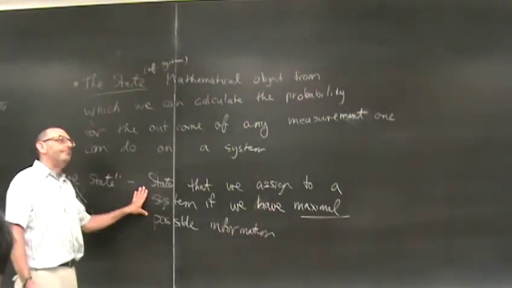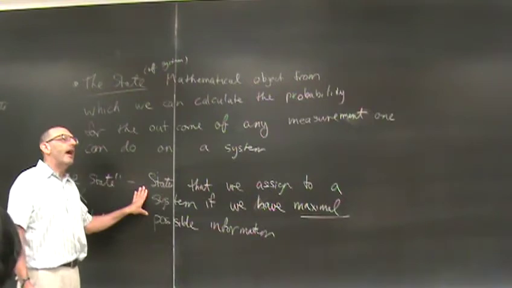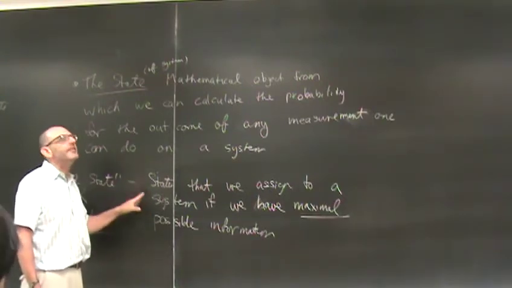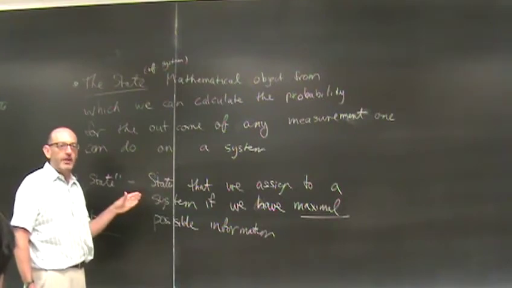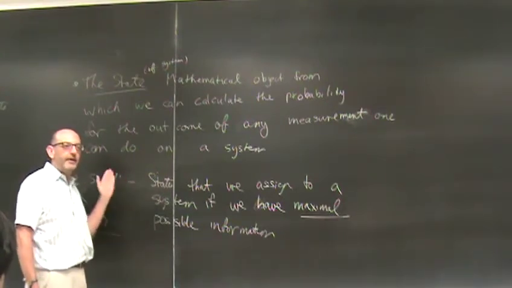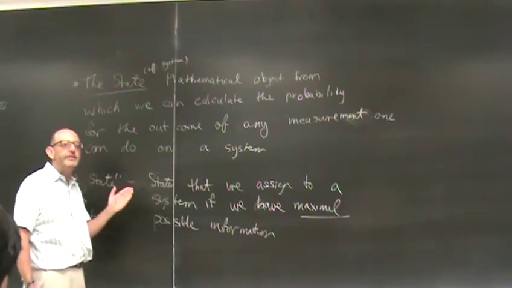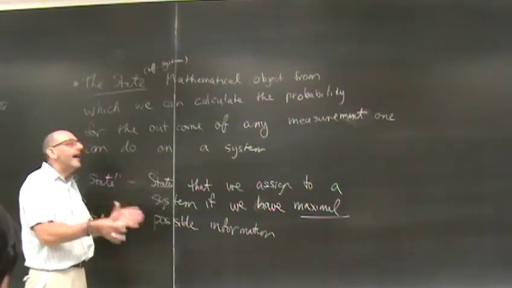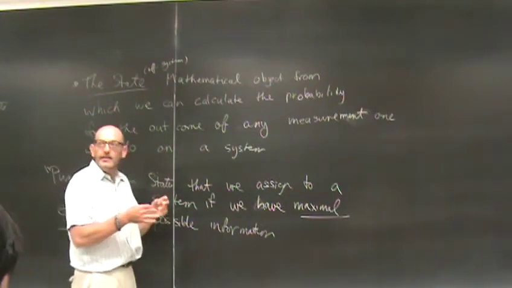It means that I've prepared the system as well as physics allows me to. It doesn't say that it's an eigenstate of position, or an eigenstate of momentum, or an eigenstate of energy. It just says I prepared it in some way with devices that weren't noisy in any way.